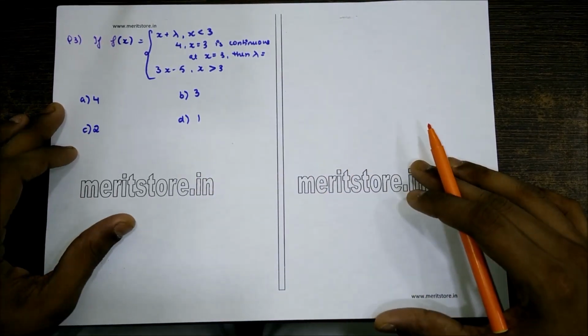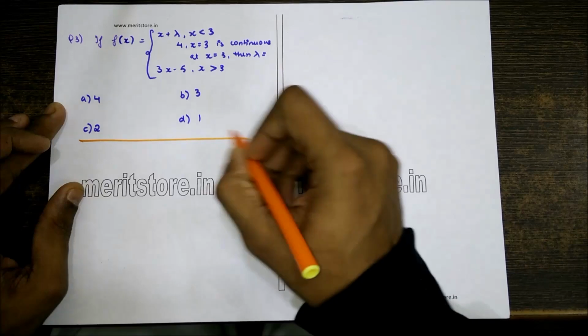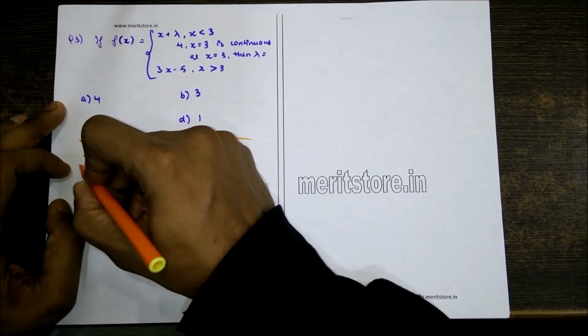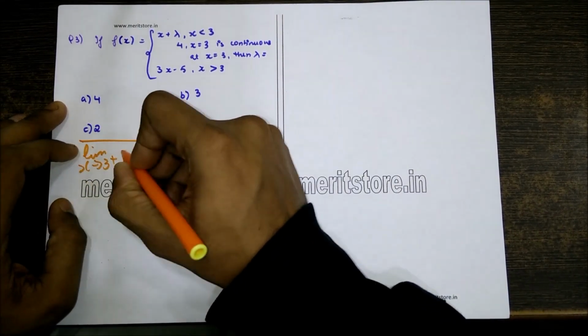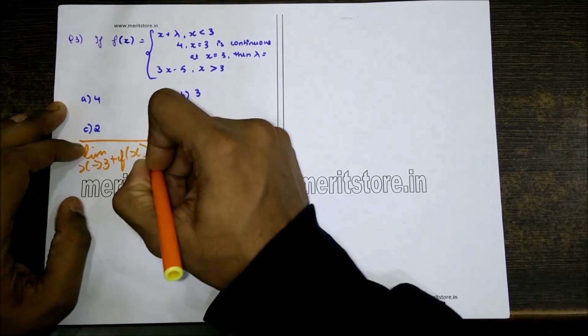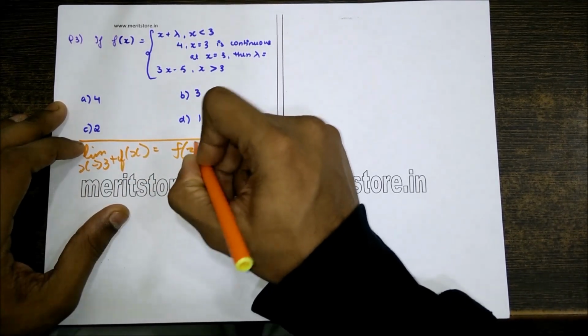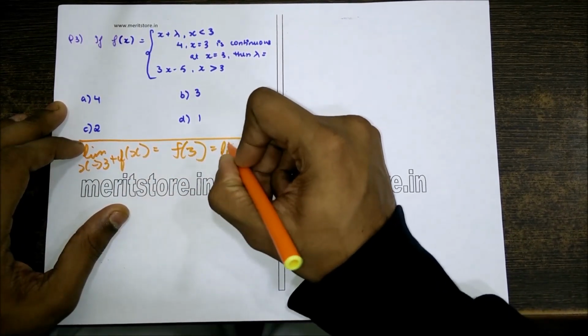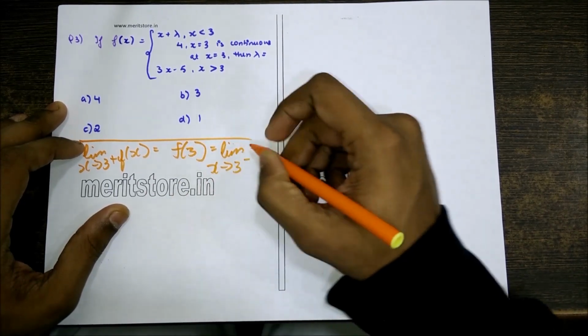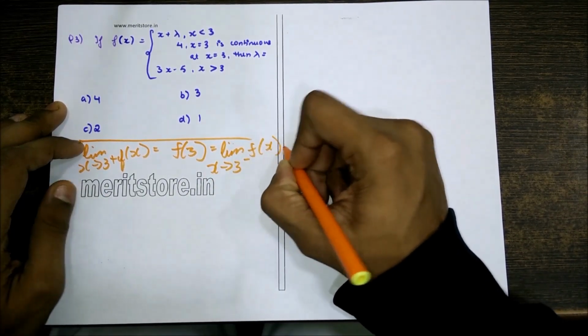So by the definition of continuity, we know that limit of x tends to 3 positive f of x is equal to f of 3 is equal to limit of x tends to 3 negative f of x.